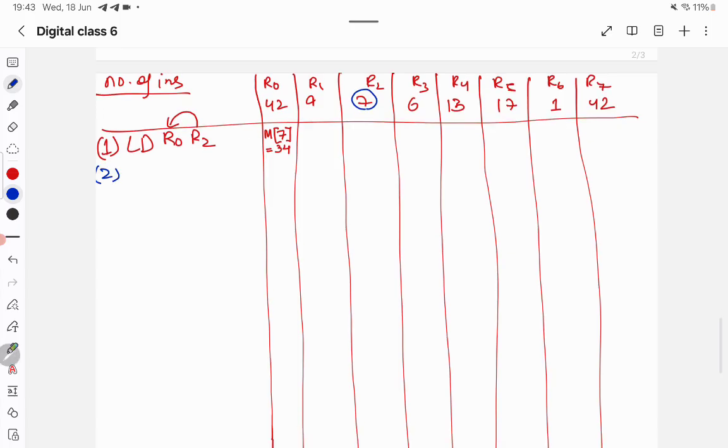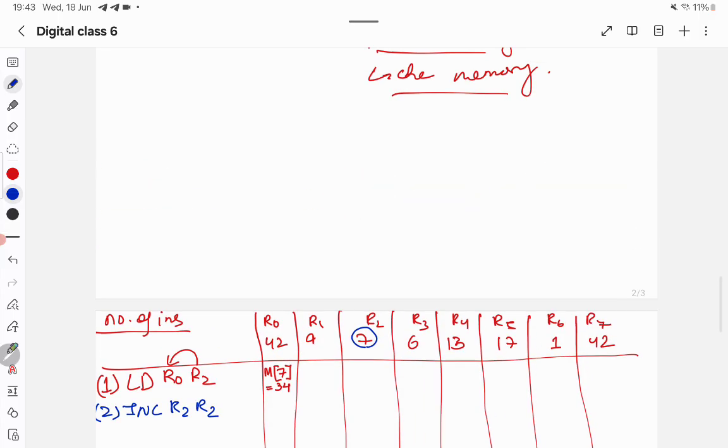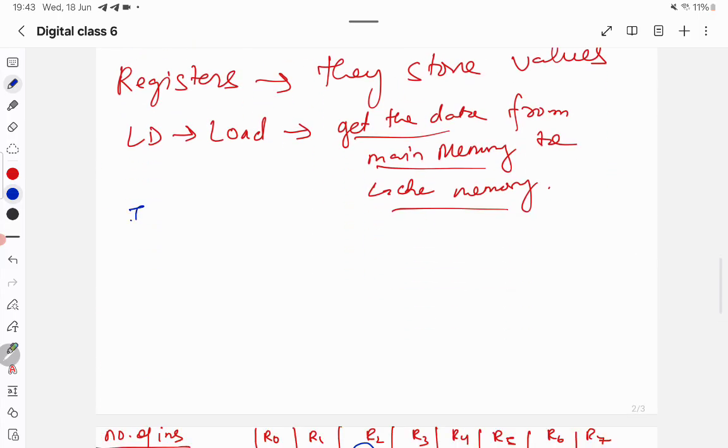Next instruction is INC R2, it means increase R2 by 1. Let me write, INC means increase.